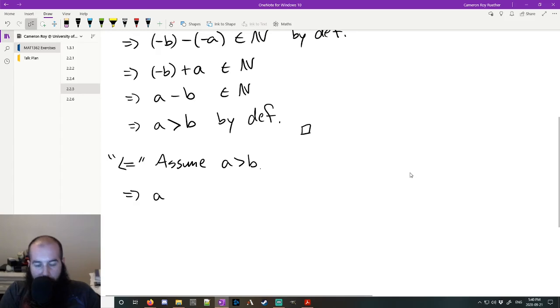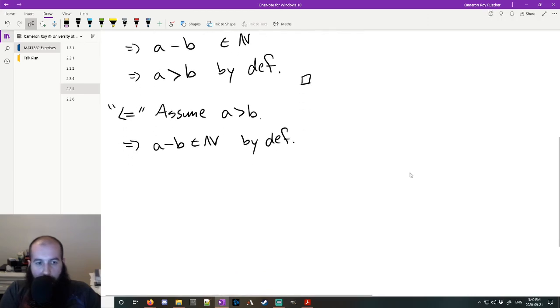So this means that a minus b is natural by definition. This means that we can write this as negative b plus a is natural, which we can write as negative b minus the additive inverse of a.